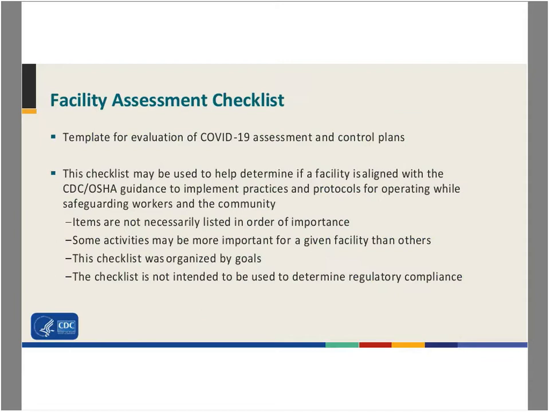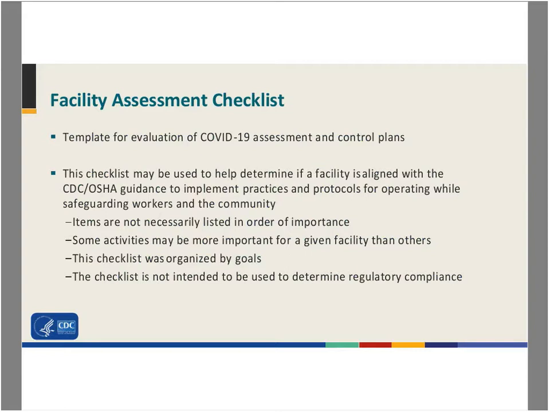This is a list of all the information that is available for individuals to use. The checklist is not necessarily listed in order of importance, and it lists some of the activities that are maybe more important than others.